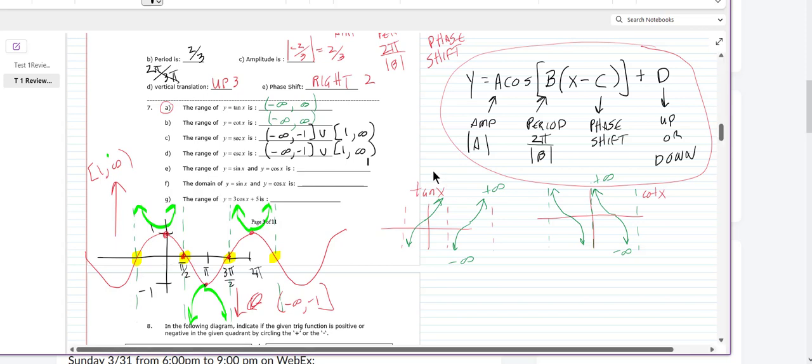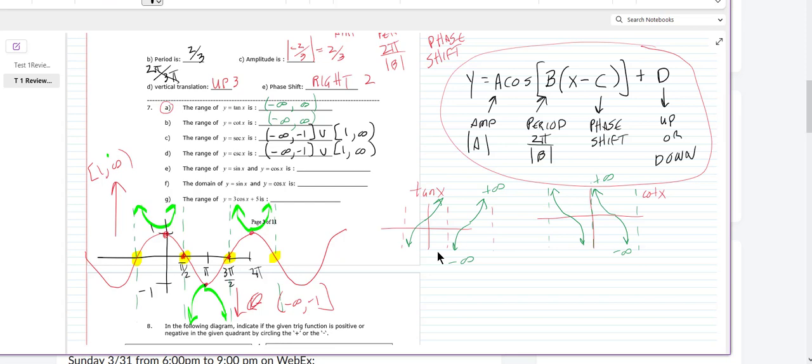Okay. All right. Now the next one says, what is the range of a sine and cosine? A sine and cosine always have a maximum at 1, and they have a minimum at -1. So the range of sine and cosine is going to be bracket -1, 1 like that.